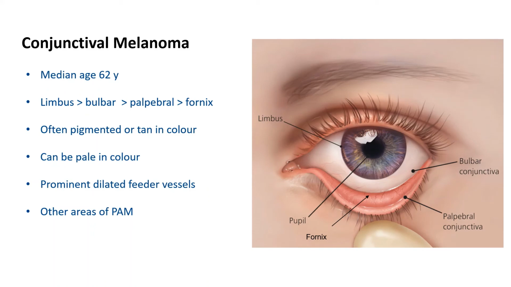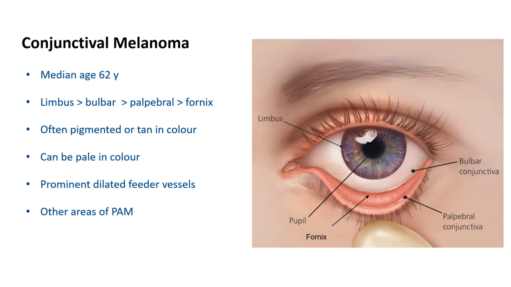Anatomically, the majority occur in the limbus, which is the area around the cornea, the window of the eye. Less commonly on the bulbar surface, which is over the eyeball itself. Then the palpebral conjunctiva, which is the lining of the inside of your upper and lower eyelid. And last and least commonly in the fornix, which is down in the corners where the conjunctiva has a fold.